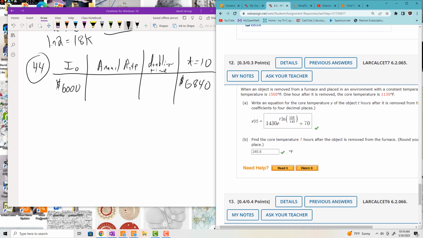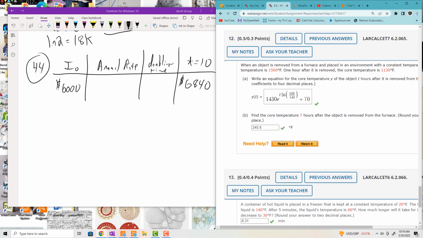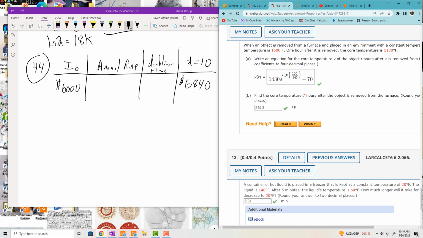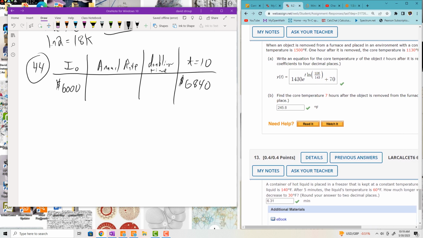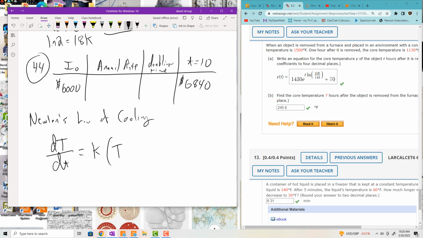Problem 12 and 13 then are on Newton's law of cooling. Which basically says the change in temperature of an object is proportional to the difference between the temperature of the object and the temperature of the surrounding material.